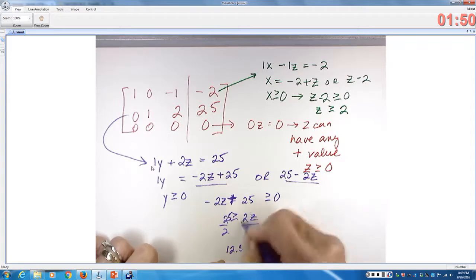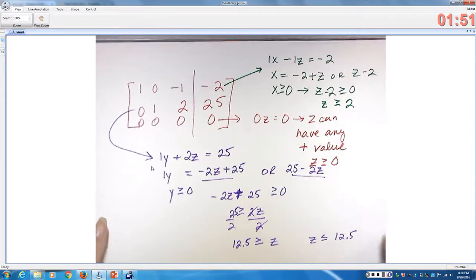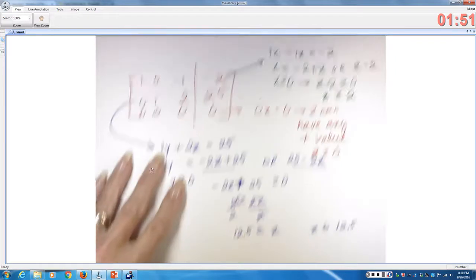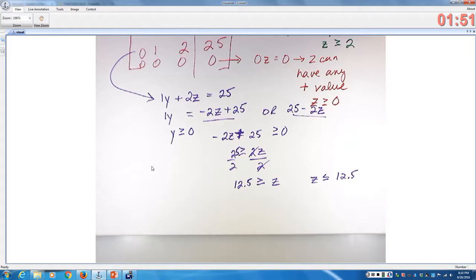And that's just Z. And the sign right now is pointing this way. So if I want to flip it over, it's still got to point the same direction. And Z has to be equal to or less than 12.5. Would you divide by -2 and get a 12.5? You could. Yeah, you can, but you still have to flip the sign around.